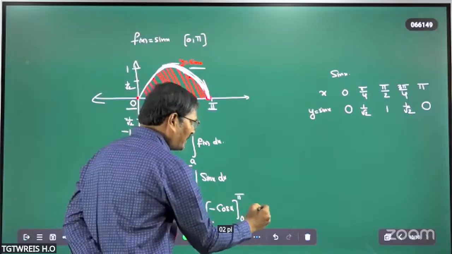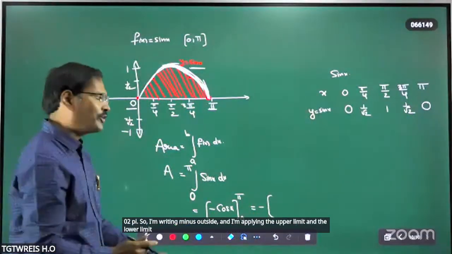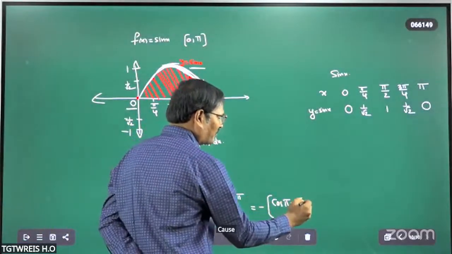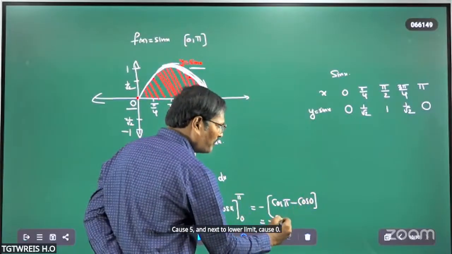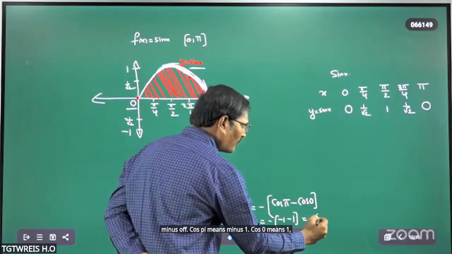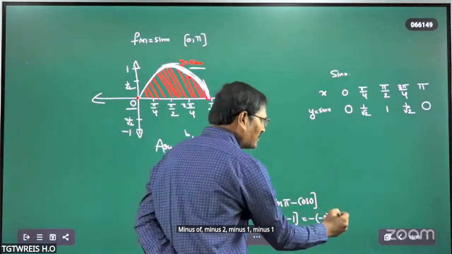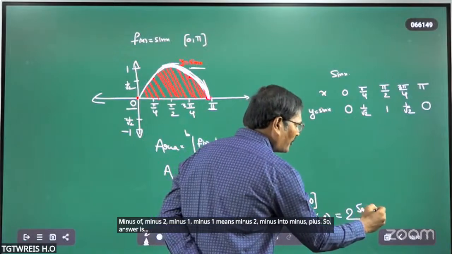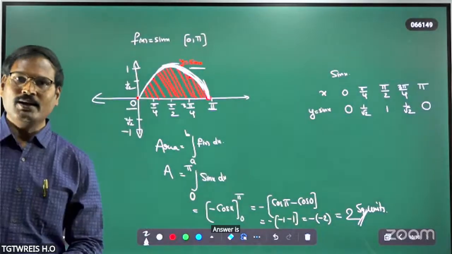So I'm writing minus outside and I'm applying the upper limit and lower limit. First I will substitute the upper limit, cos pi, and next the lower limit, cos 0. Minus of cos pi means minus 1, cos 0 means 1, minus of minus 1 minus 1 means minus of minus 2; minus into minus is plus. So the answer is 2 square units. Answer is 2 square units.